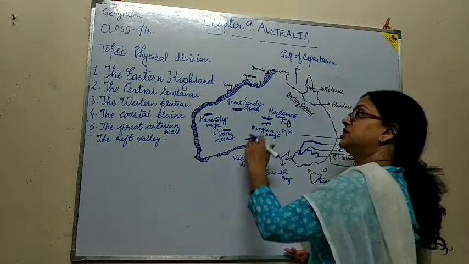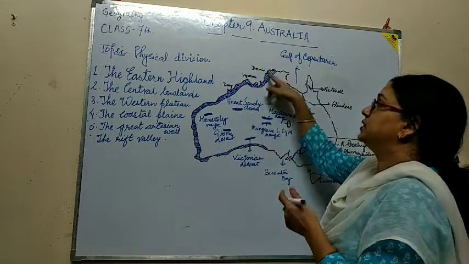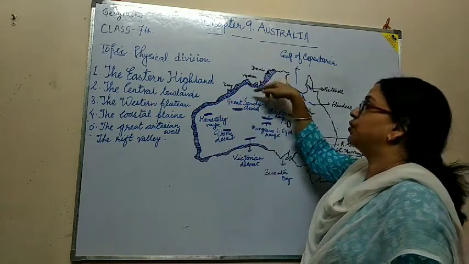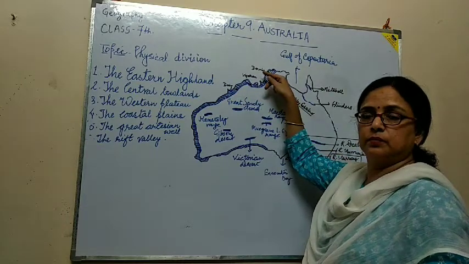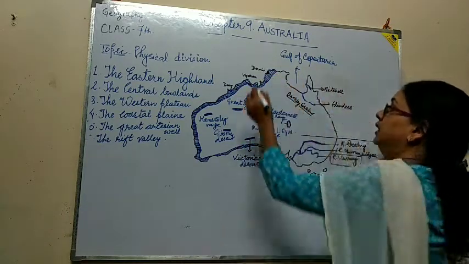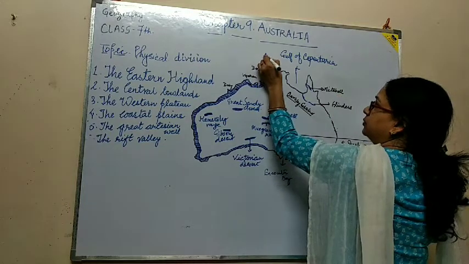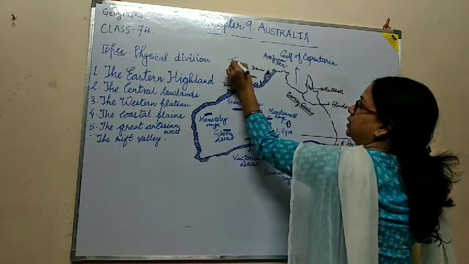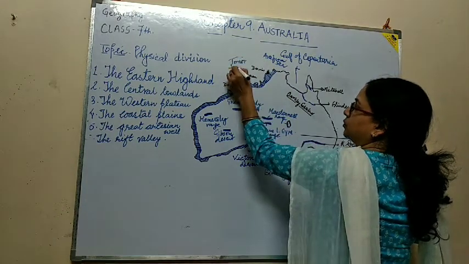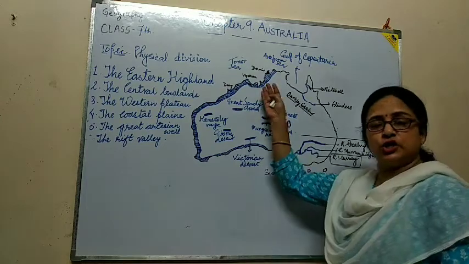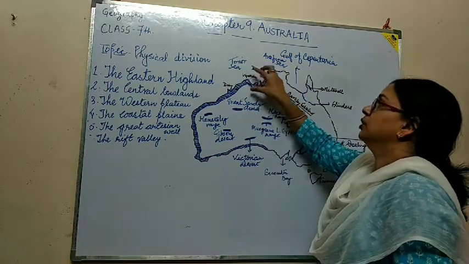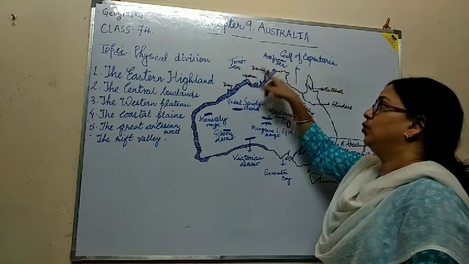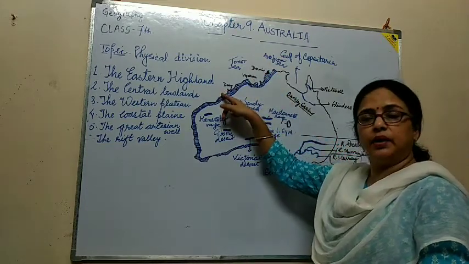But when we see in the north, it is highly indented. The coastline has a lot of curves, which is uneven. In the north, here is the Arafura Sea and here is the Timor Sea, which are shallow, and some of the important harbors are Darwin, Wyndham and Derby.